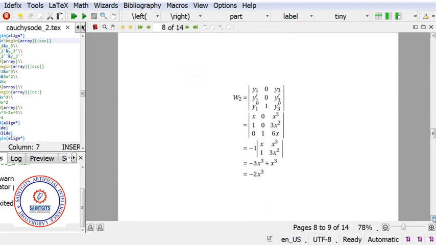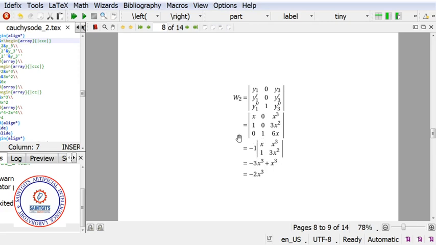Now we are going to find w2. As usual, w2 is obtained from w by replacing the second column by 0, 0, 1. We substitute y1, y3, y1 dash, y3 dash, y1 double dash, y3 double dash in w2, and we expand the determinant about the second column. And so we got minus 1 into 1, this minus 1 is actually the cofactor sign corresponding to this element.